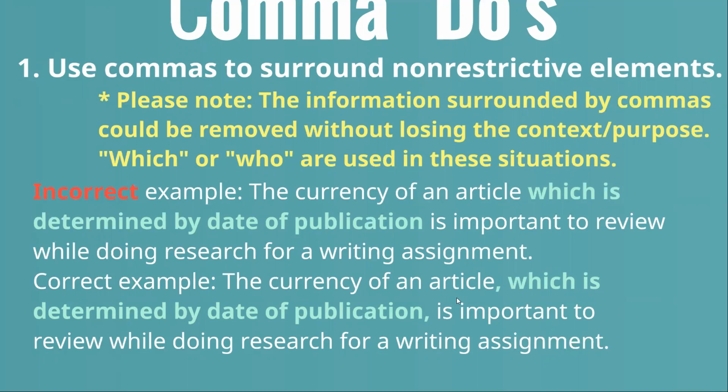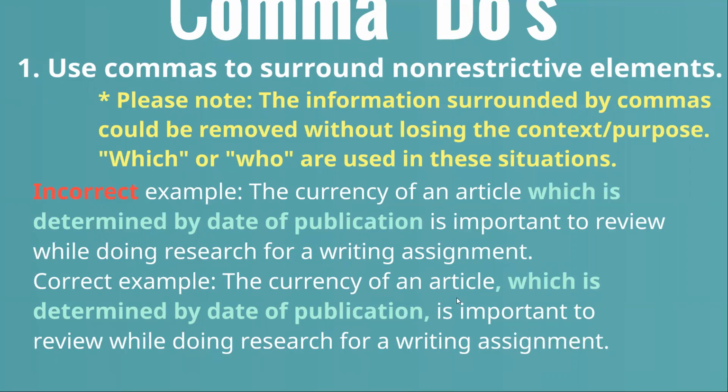Going back to that, if you take out that portion of the sentence, you aren't losing the purpose or context. I'll reread the sentence with that portion taken out. The currency of an article is important to review while doing research for a writing assignment. Reviewing the currency of the article is still emphasized there.